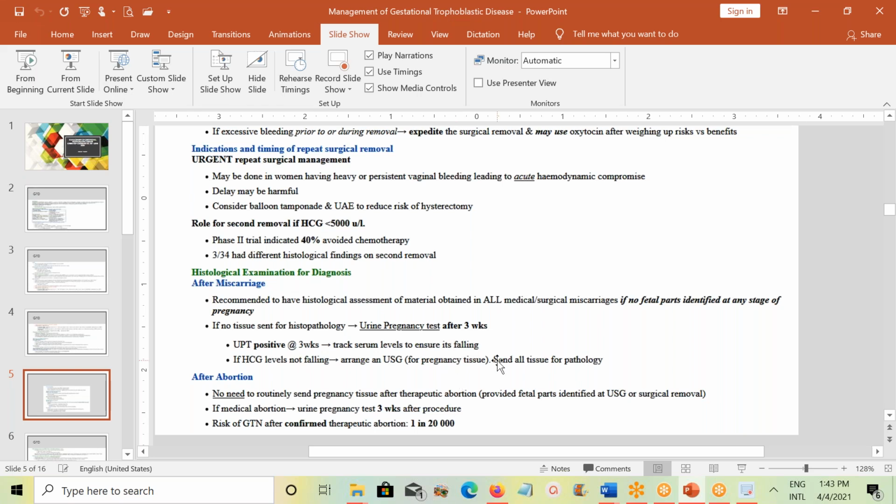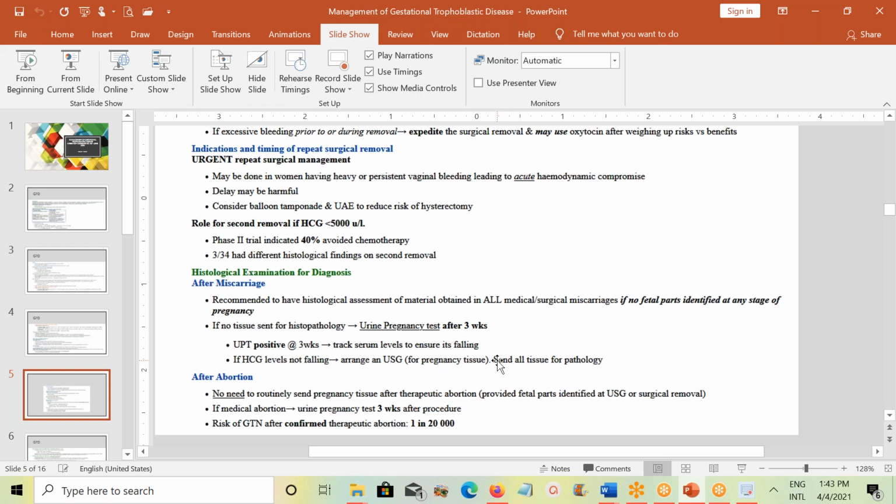Histological examination for the diagnosis should be done after miscarriage. It is recommended that when the patient has had a miscarriage, there should be histological assessment of the material obtained in all types of miscarriage, whether medical or surgical, if no fetal parts were identified at any stage of the pregnancy.